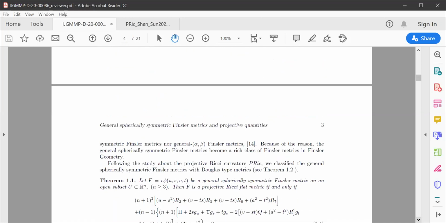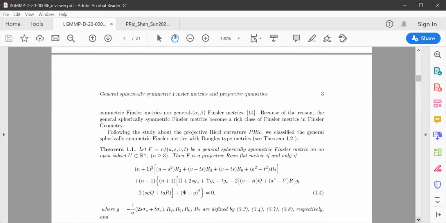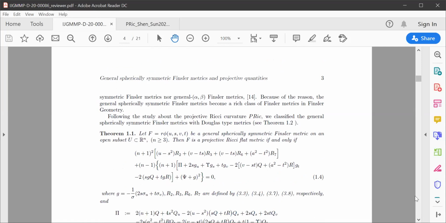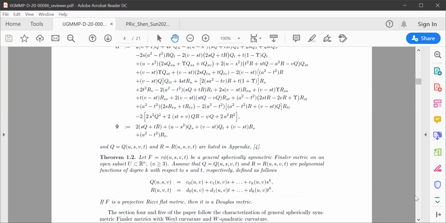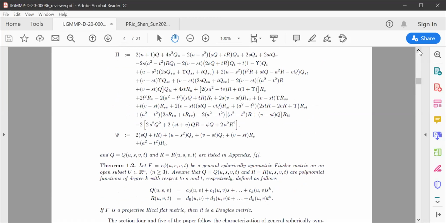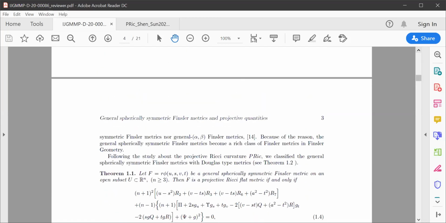Now, in this paper, they got some equations to characterize this type of matrix. Of course it's complicated.